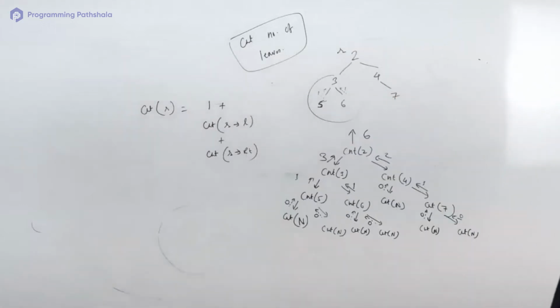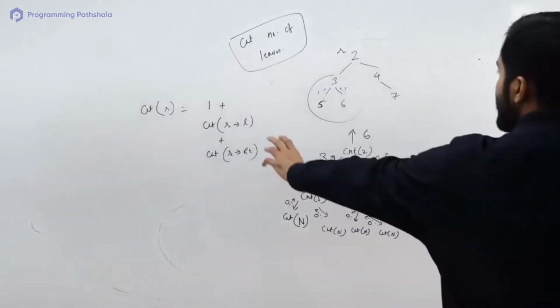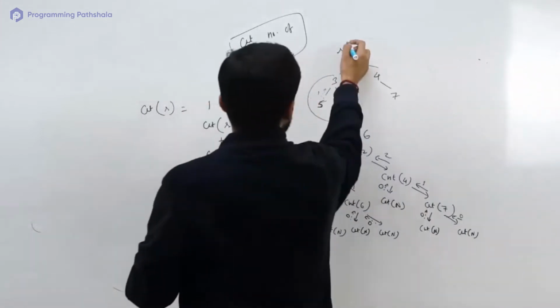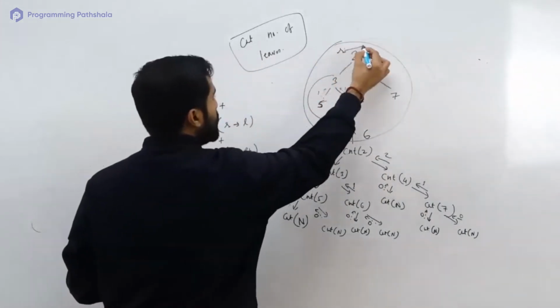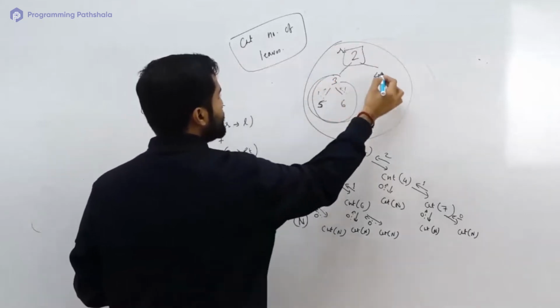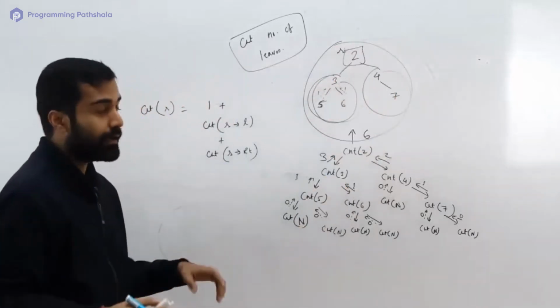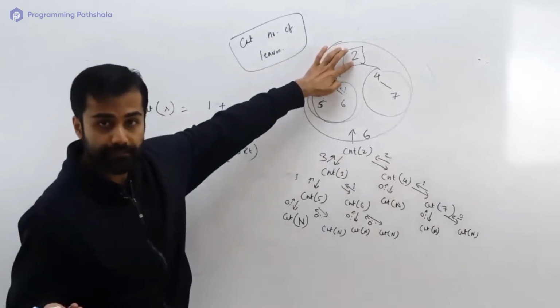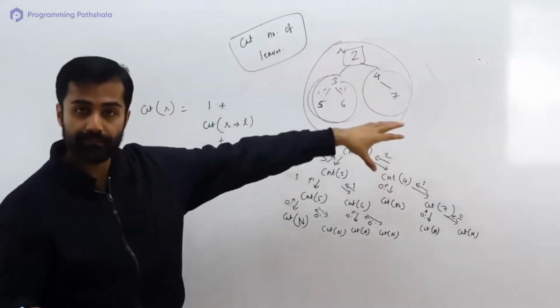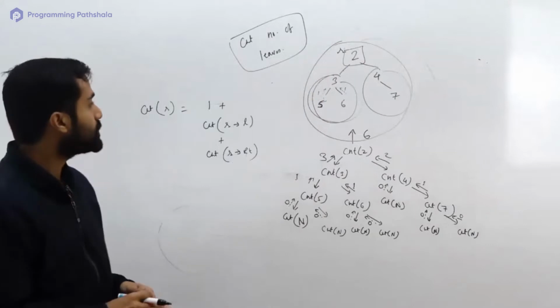Will it make sense? The answer is no, it will not make sense, because fundamentally here you are saying that the number of leaves in this is equal to 1 plus the number of leaves in this plus the number of leaves in that. No, wrong. Why are you counting 1 for this? This is not a leaf. If it has some children, how can it be a leaf? So this equation is not right.